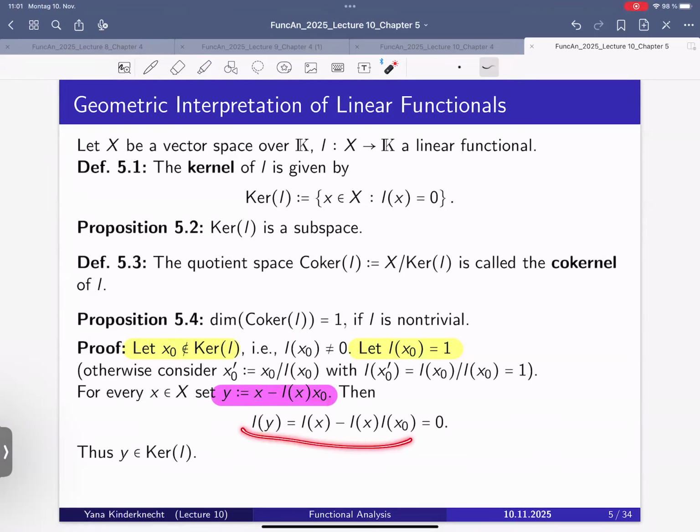But we know that L of x0 is equal to 1. So this difference is just 0. And hence, this element y belongs to the kernel of L. Everything is clear?